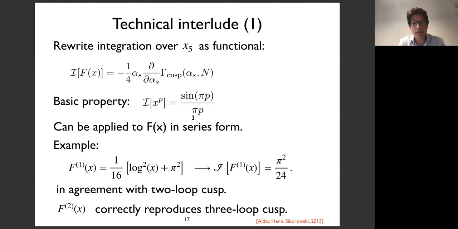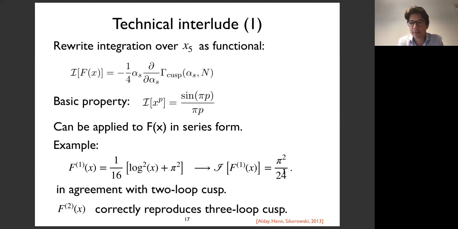But you can also get other things. For instance, if you want to represent a logarithm, you just expand this x to the p to the second term and you get its contribution. And more generally, we can apply this by writing f in a series expansion. So for example, with this one loop function we just had, both terms contribute and we find this value pi squared over 24.